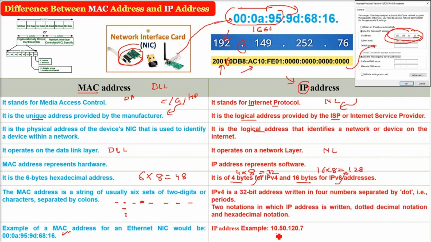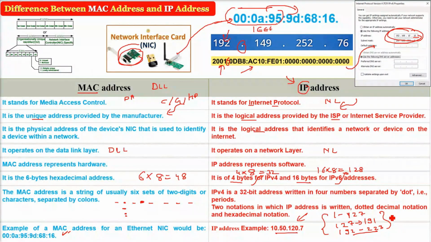For IP addresses, this is an example of class A. In classful addressing, 1 to 127 is class A, 127 to 191 is class B, and 192 to 223 is class C. Class D and class E also have ranges, where class D is used for multicasting and class E is for future research.